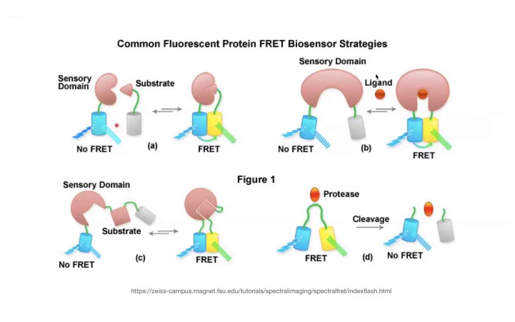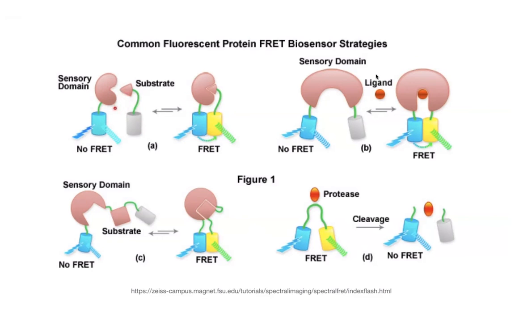We have a fluorophore on 2 different molecules. We have our donor fluorophore on one molecule and our acceptor fluorophore on another molecule. This could be 2 proteins, or it could be a protein and a small molecule, maybe like a drug. But basically what's going to happen is that only when they come together, only when they bind, are you able to get FRET.